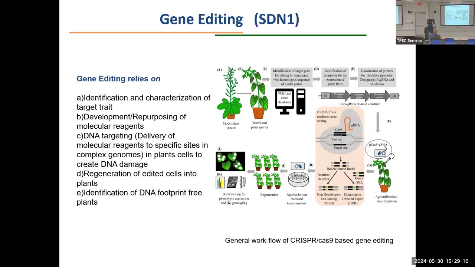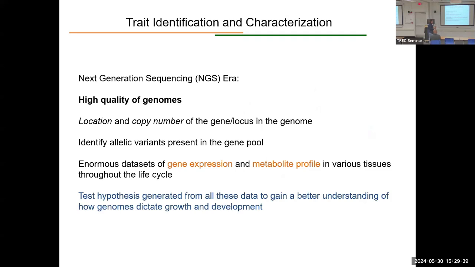The plasmid, the Cas9, and the guide RNA. Then, once the reagent is ready, how to deliver this reagent inside the plants. Once it is successfully delivered, how to regenerate the edited line. And once this edited line has been developed into plants, how to screen the edited line for the editing. Let's talk in detail one by one.